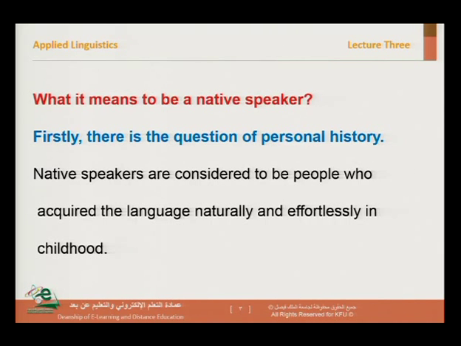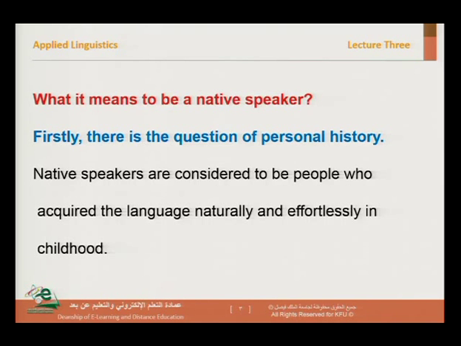These people did not put that much effort into learning it when they were children. They spoke the language as a result of the huge input they received when they were babies until they had grown into children.